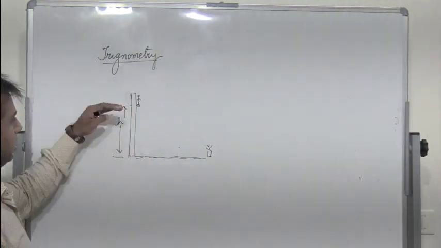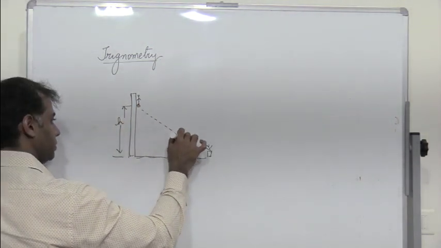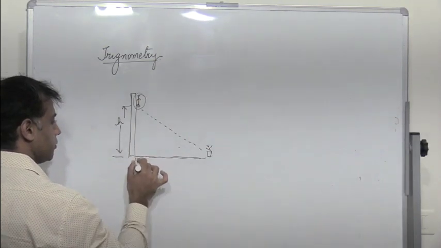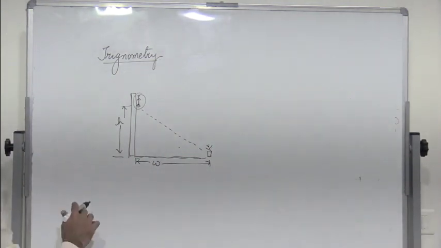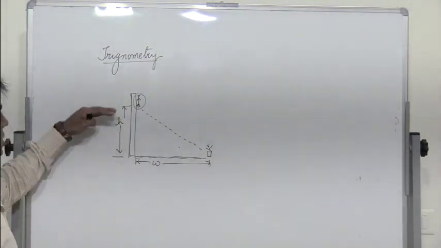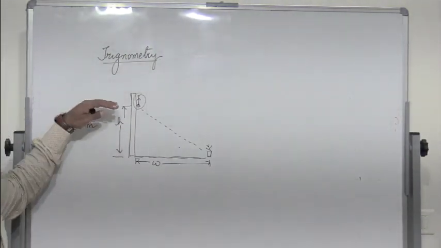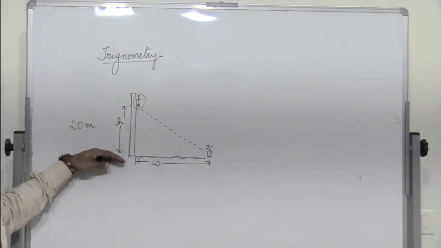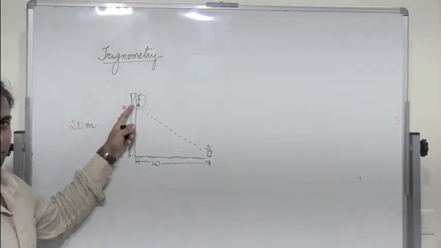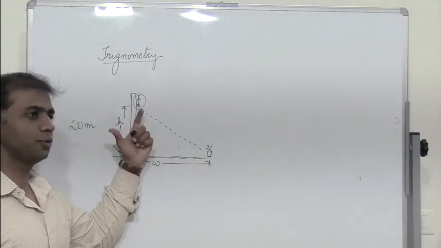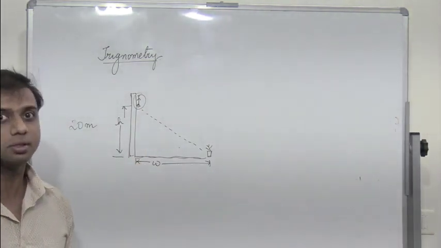So if the person is in the 2nd floor, he knows the height, and the question is, is it possible for this person to find the width of the river knowing the height? So let us assume that the height is 20 meters, so he is standing at a height of 20 meters from the ground, and there is a flower pot on the other side of the river. Now is it possible for the person to find the width of the river, to calculate the width? Is it possible? Is the question.